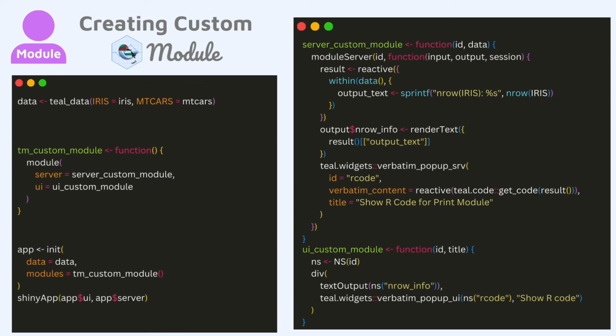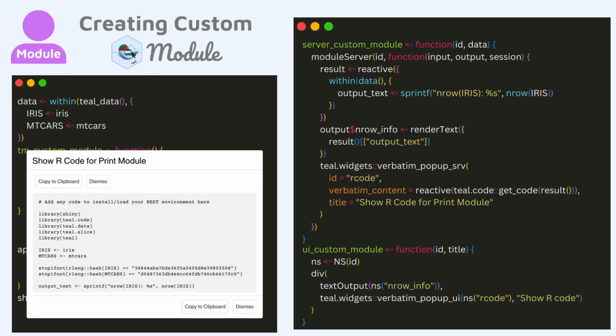This is because ultimately the data reproducibility is in the hands of the app developer. And if the app developer does not provide a Teal data object with the code to generate the data, complete reproducibility is not possible. Let's fix this by passing the Teal data object, which is reproducible. Now, we also get the data creation code in the pop-up to ensure reproducibility.